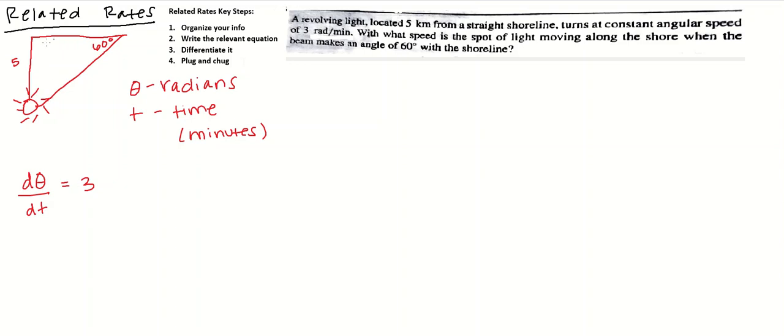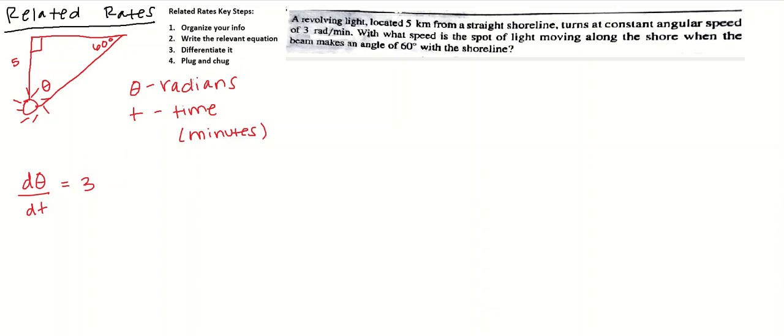So when they say theta, they are referring to this angle up here in this corner of the triangle. This angle up here is theta, this one down here is 60, and then we have a right triangle, so that is just going to be a right angle. So this is the angle theta that is changing, and it is changing exactly at the moment in question, at 3 radians per minute.